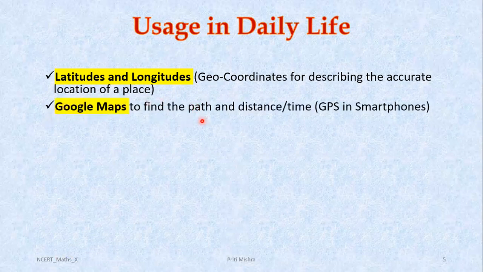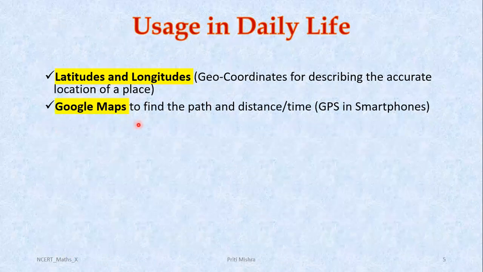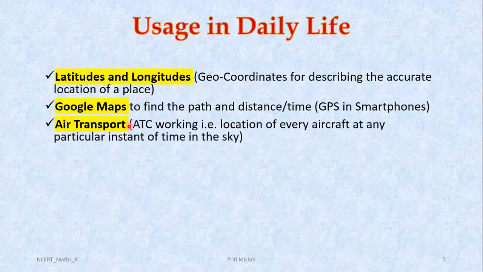Then Google Maps. Nowadays, we are frequently using Google Maps as we are having a GPS system in our smartphones when we are going to some unfamiliar places, right? So Google Maps works basically on the principle of geo coordinates. So here again, coordinate geometry is useful.